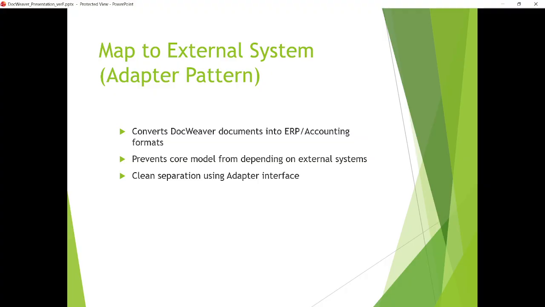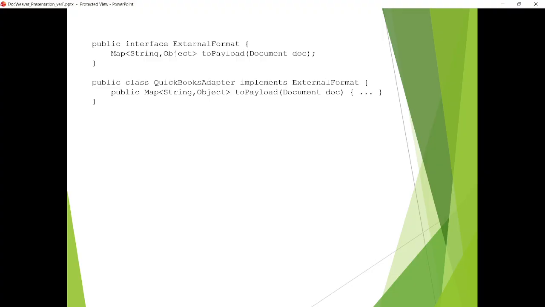Another example, map to external system, uses the adapter pattern to convert DocWeaver documents into ERP or accounting formats, or any other external systems. There is a clean separation using the adapter interface, with external formats like the QuickBooks adapter, and so on.